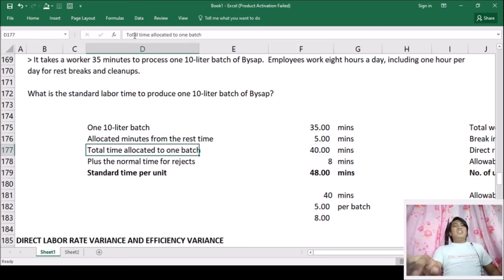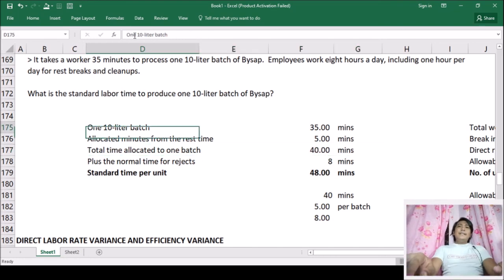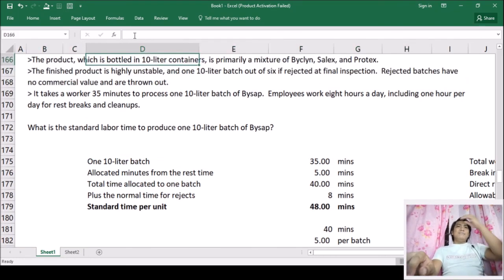Okay, 40 minutes. So if all of the batches were successfully inspected, the standard labor time is 40. However, the problem provided a statement saying 1 10-liter batch out of 6 is rejected at final inspection.